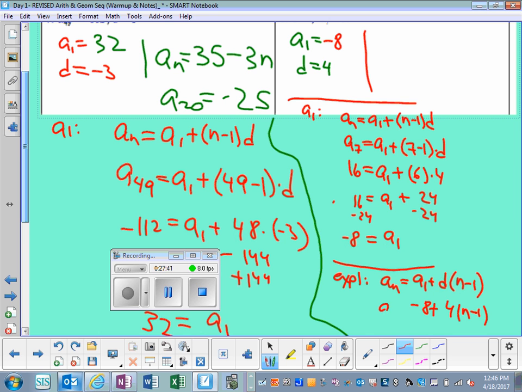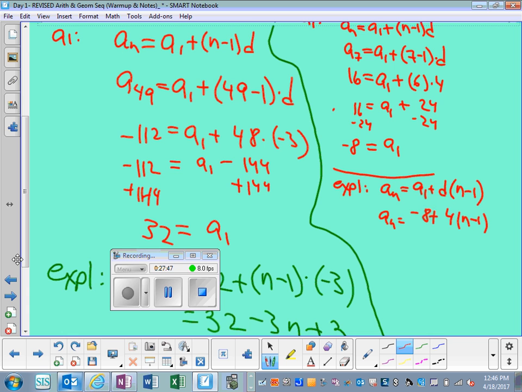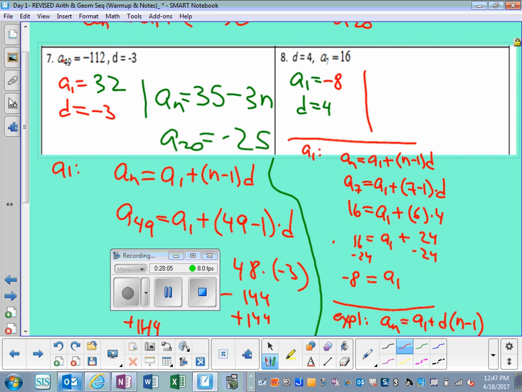So an equals negative 8 plus 4 times n minus 1. You have to simplify, otherwise points taken off. So distribute the 4 in. an equals 4n, and then minus 8 minus 4 is minus 12. Did I make a mistake? So 4n minus 12. That's the explicit rule for this sequence. an equals 4n minus 12.